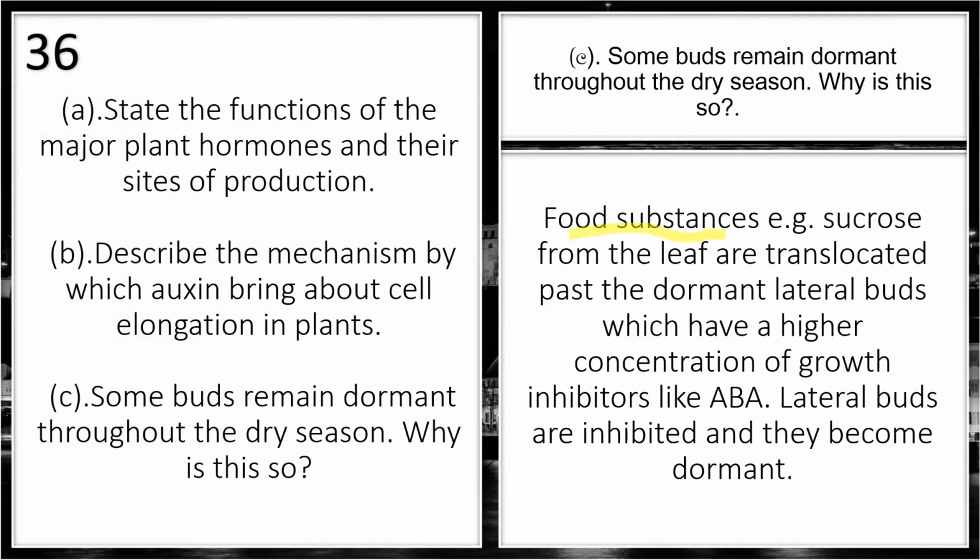The food substances, for example sucrose, from the leaf is translocated past the dormant lateral buds, which have a high concentration of growth inhibitors like abscisic acid. The lateral buds are inhibited and they become dormant.